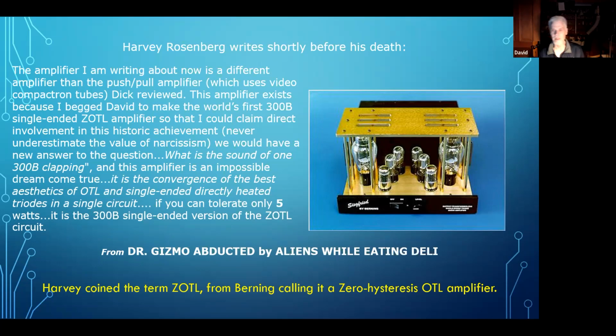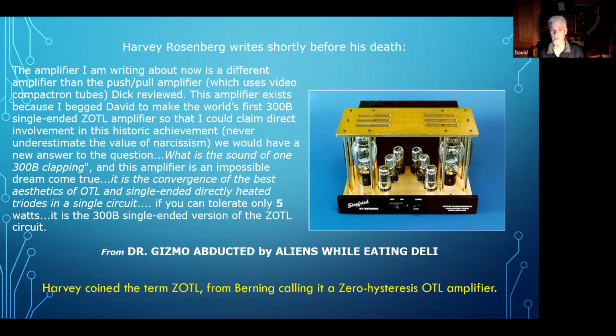But nonetheless, Harvey was a very strong supporter of me at this time. He'd gotten out of the New York Audio Lab thing at this time, and he was into the low power triodes. So he was really promoting what I was doing, and he wrote quite a few articles.